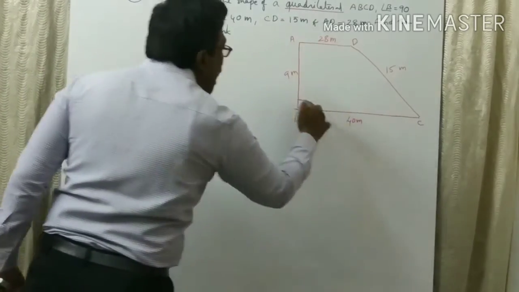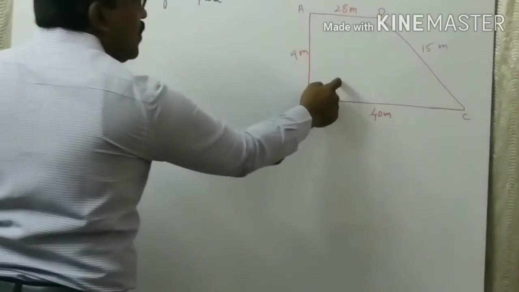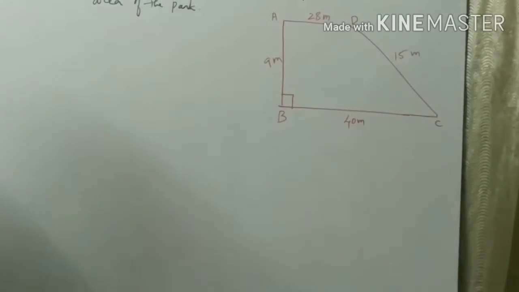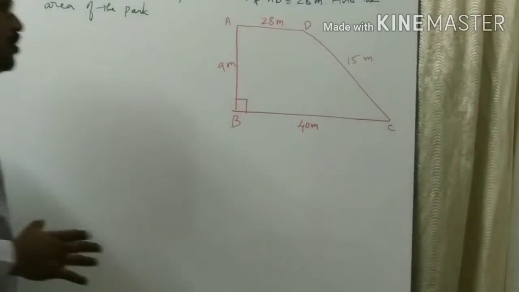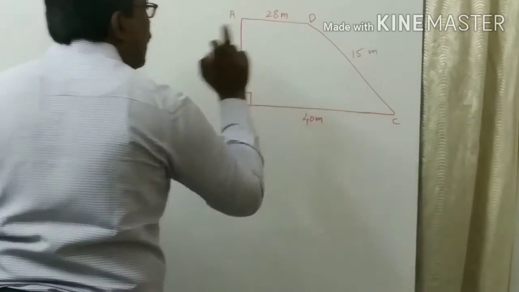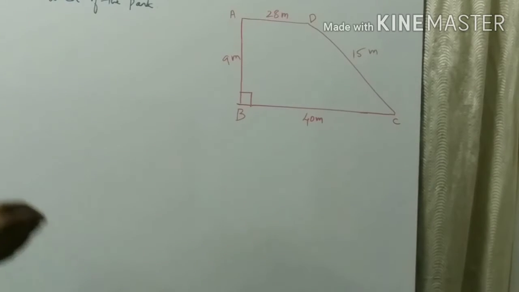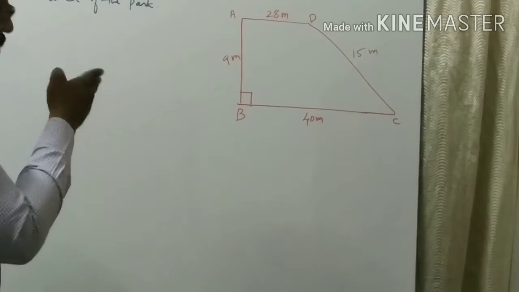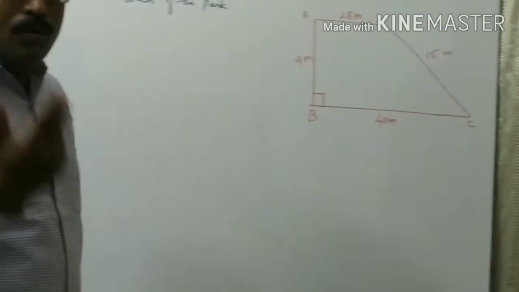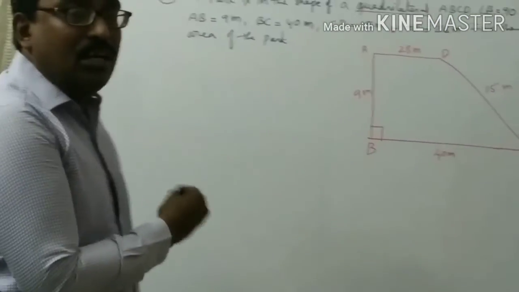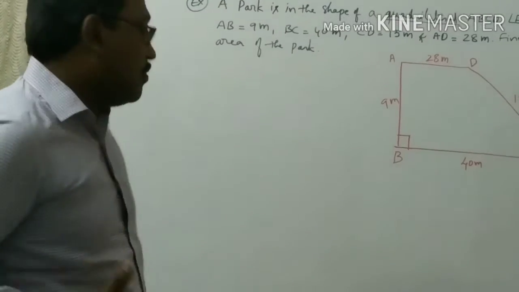Area of the park. The park is in the shape of a quadrilateral. So, we don't know the formula for the area of a quadrilateral, that means half d into h1 plus h2. We don't know the diagonal. We don't know the height. So, definitely you should use Heron's formula.